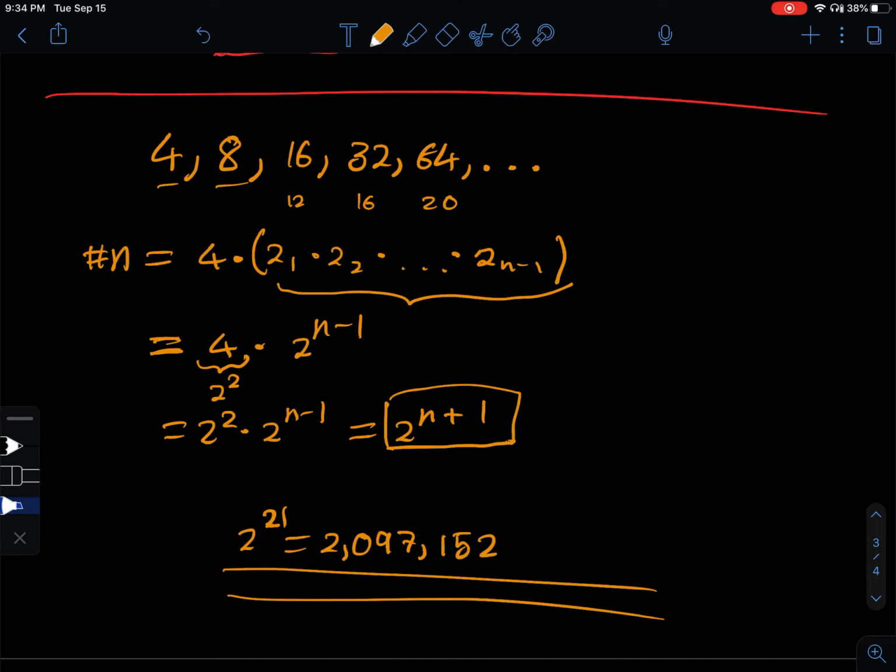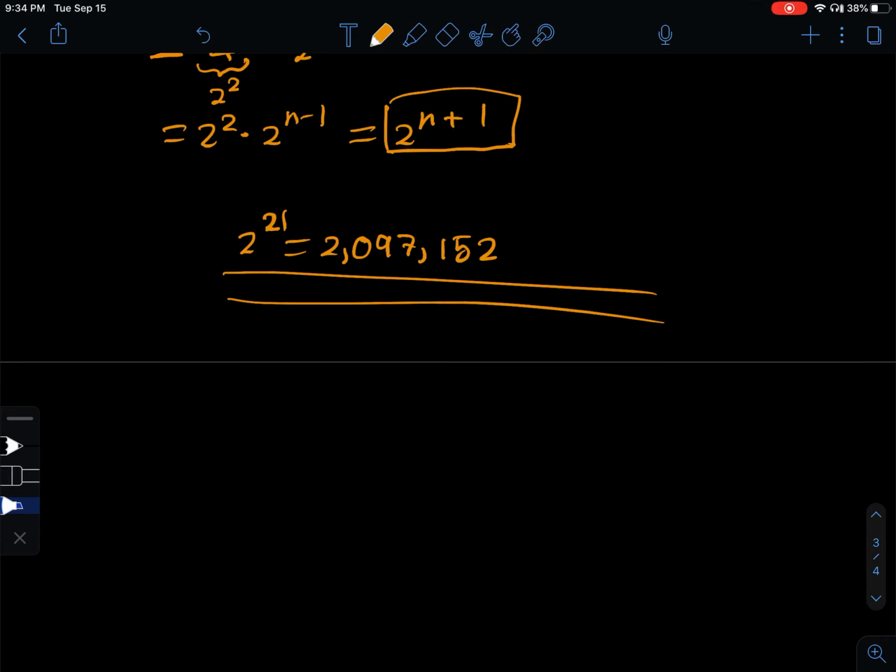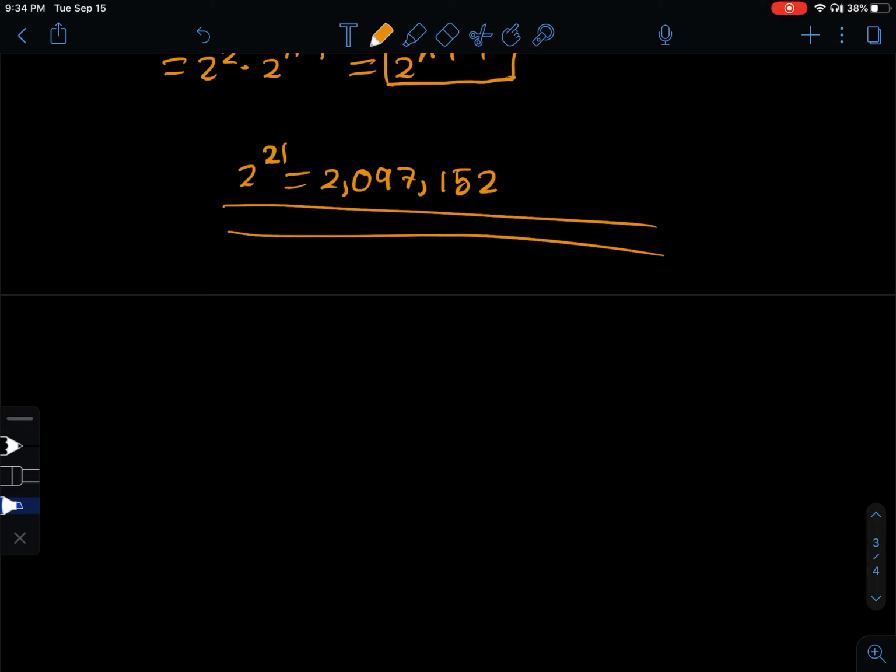The 20th term would literally be, let me do this in my head, from 4 you add 4, 19 times, so that's just 20 times 4. The 20th term, if it was arithmetic, would just be 80. That's it. Compared to 2 million.